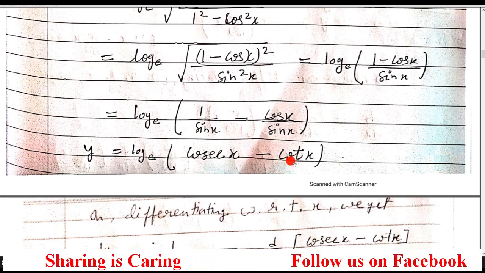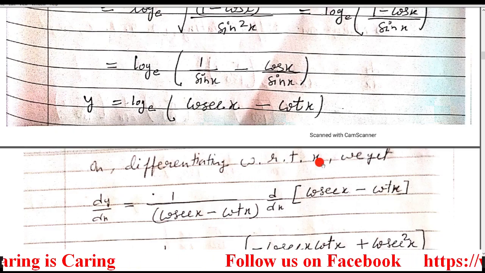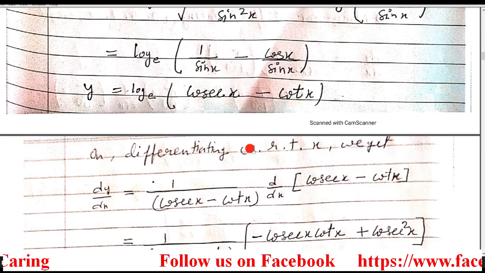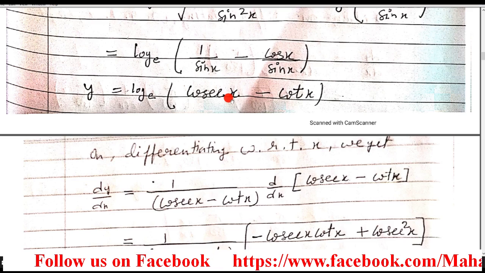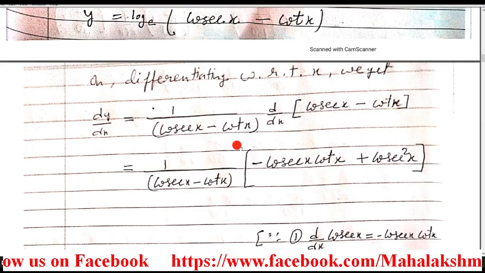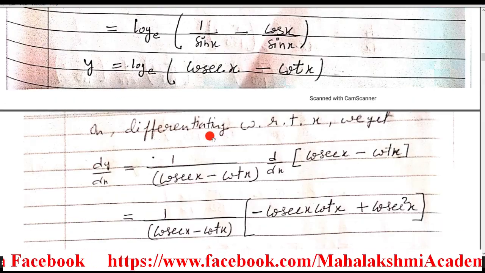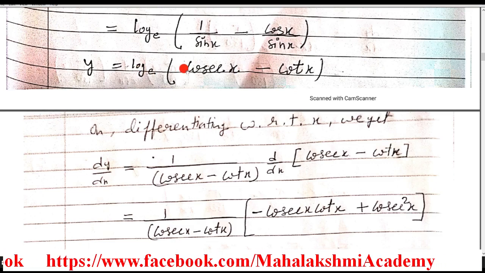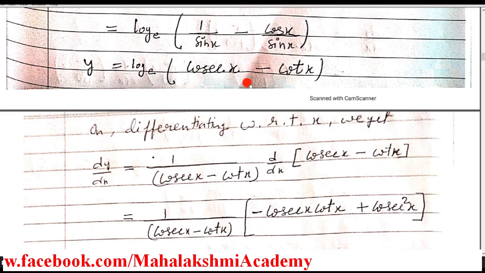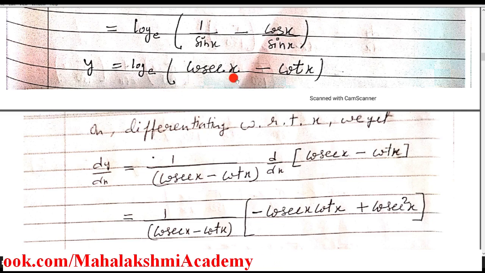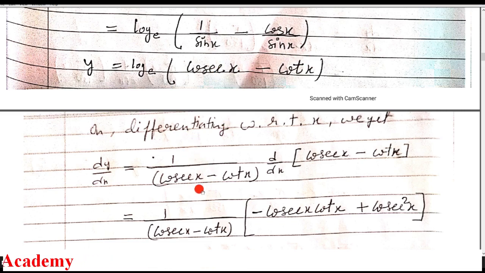Now we will differentiate it. When we differentiate with respect to x, because you know that the differentiation of log x is 1 upon x, we assume this as log x. So the log x differentiation is 1 upon x. That's why it came as 1 upon x, meaning this completely is assumed as x.